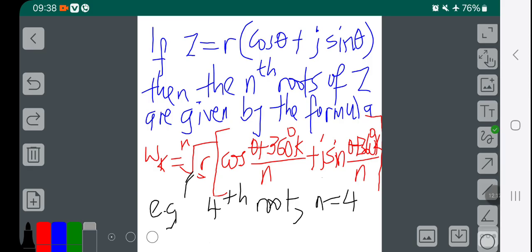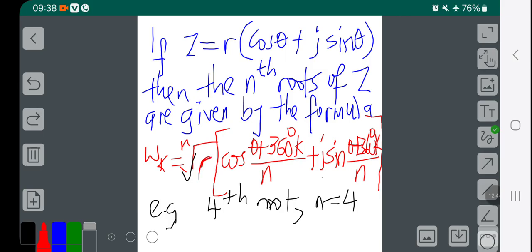So from this formula, your n is going to be a 4: the fourth root of your r, which is the fourth root of your modulus. So what is going to be your k? If n is equal to 4, I'm going to have the first 4 terms. So your k here is going to be like this. Let's just do it.